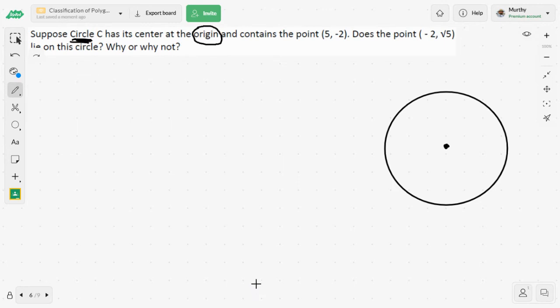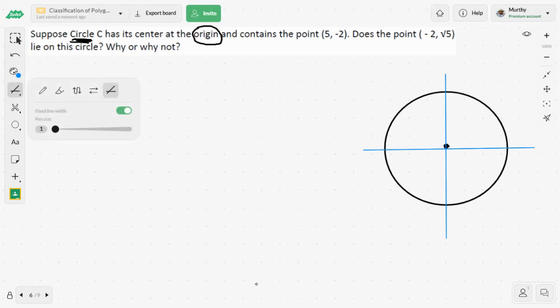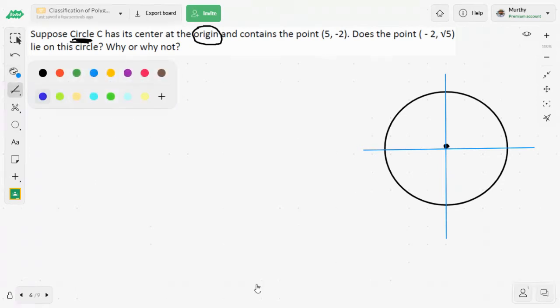Let me take a straight edge. So this is the y-axis and this is the x-axis where these two are meeting. That point is known as the origin. So let's go to this point and say that this point is 0, 0.